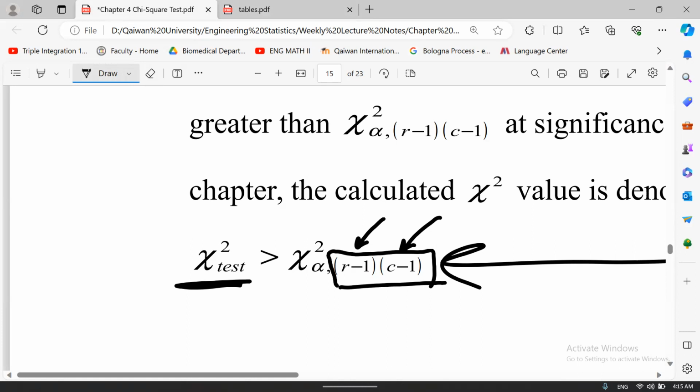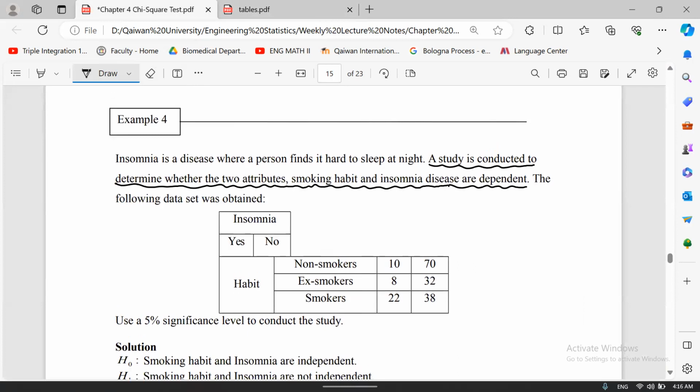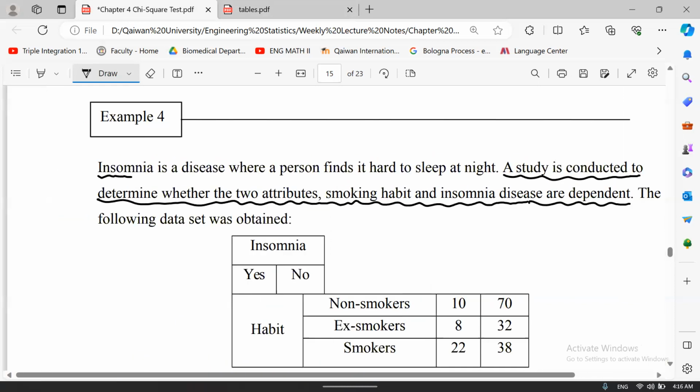Okay, now let's look at this example. In this example, it says insomnia is a disease where a person finds it hard to sleep at night.